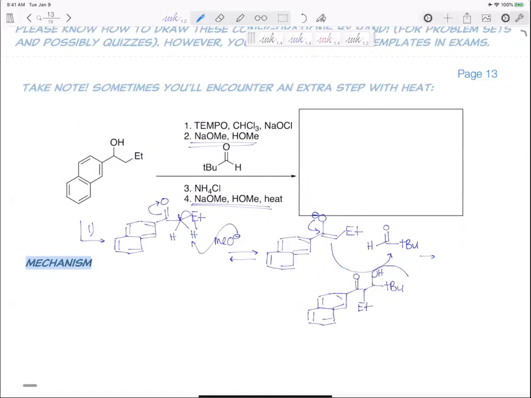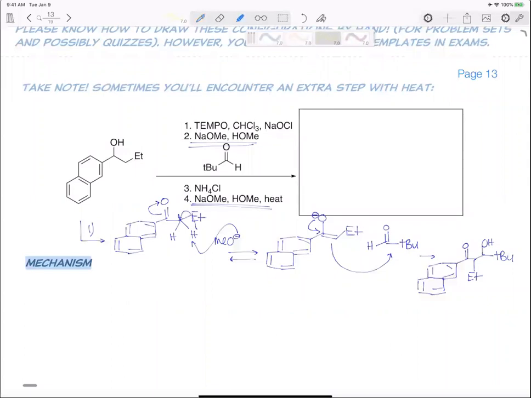OH. Okay. What we have is this here. Okay, now here's the thing. When I introduce another equivalent of NaOMe with heat, this is going to favor an E2 type of reaction to give me this product here.